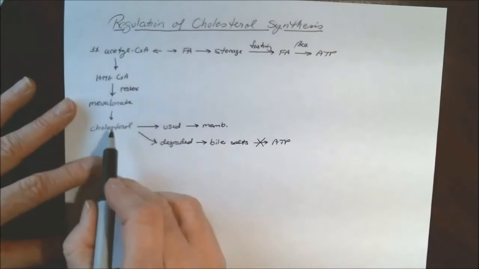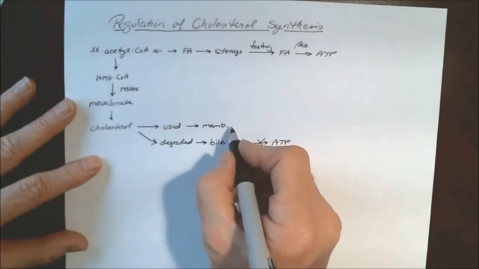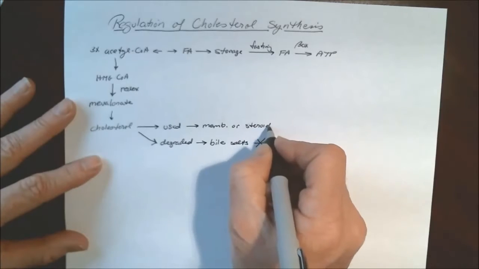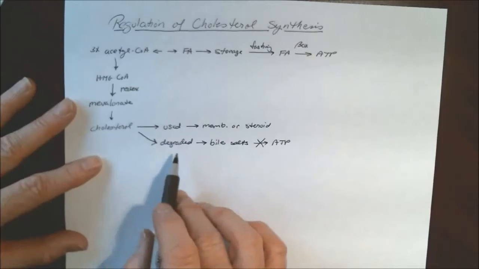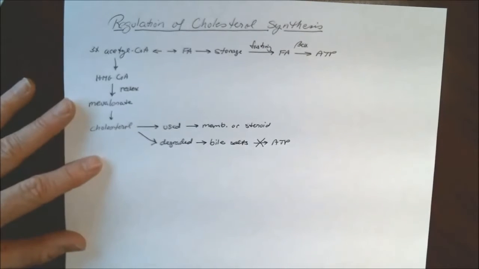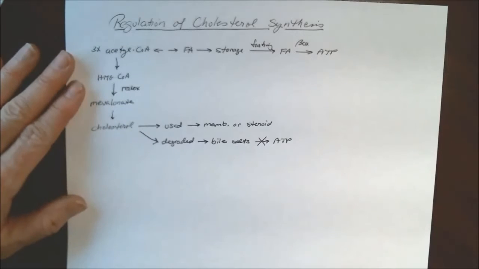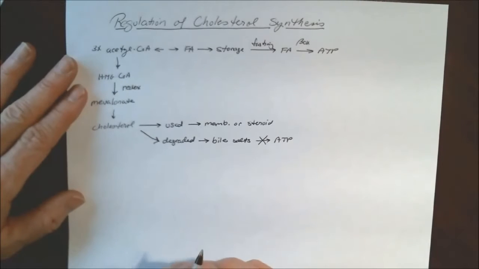So that means the energy that's going into cholesterol synthesis, if the cholesterol isn't used for either membranes or, of course, steroid synthesis, for some biosynthetic reaction, the cholesterol is degraded and we lose that energy that's been put into the cholesterol. So that means we need a very tight regulation system in order to control cholesterol synthesis.